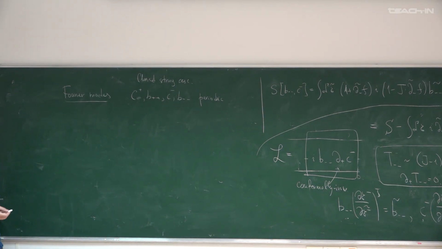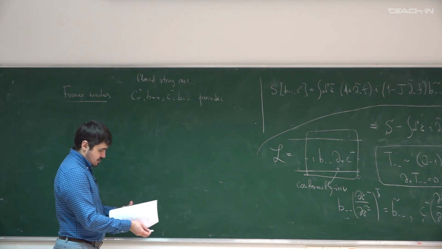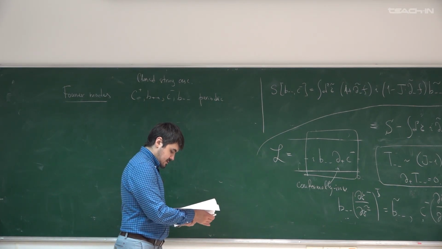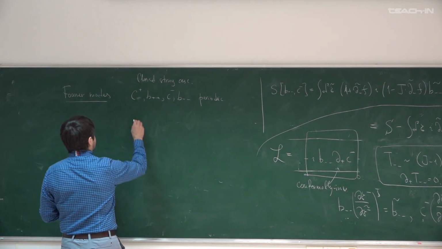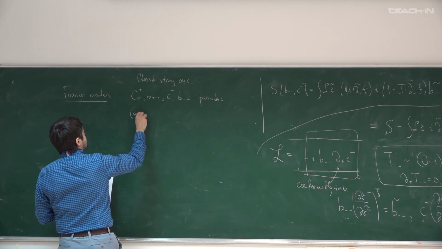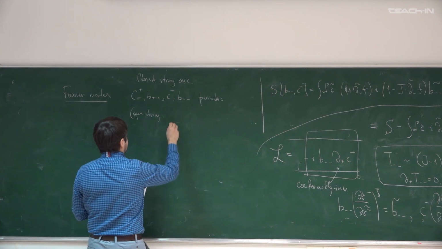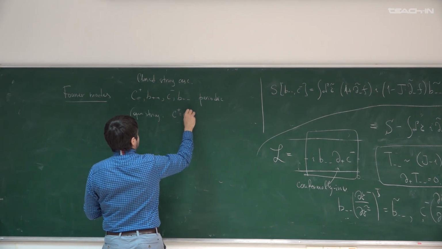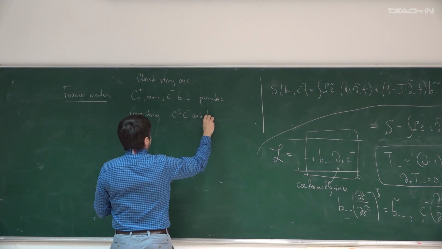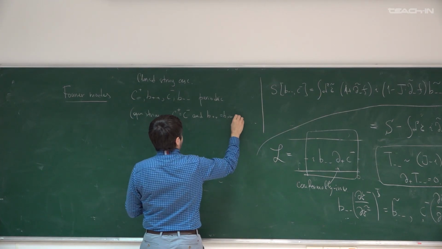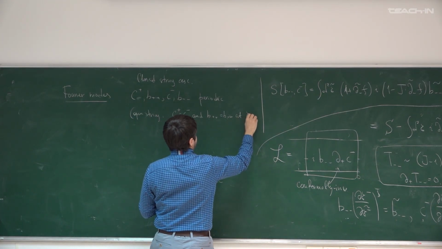In the case of the open string, you have to deal with boundary conditions, and this is a bit involved, so we will skip that part. But the upshot for the open string is that you have to have that C plus is C minus and B plus plus is B minus minus at the ends of the string.